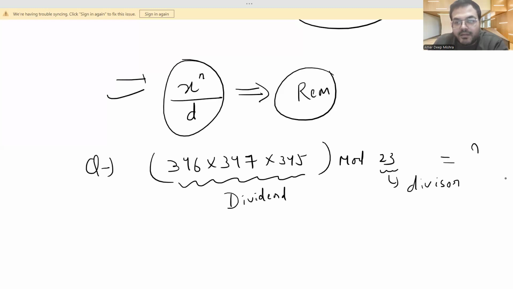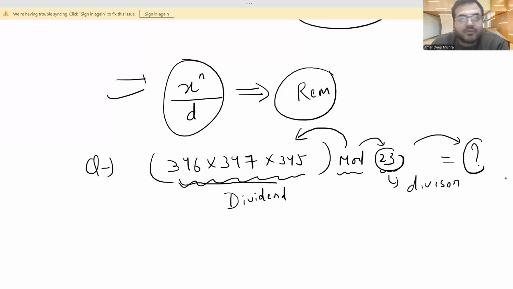And the question mark means they are asking you to find the value of the remainder. So please be very, very clear with this word mod. Mod means you have to find the value of the remainder. The expression right before the mod is the dividend, what comes after the mod is the divisor, and the question mark means they are asking you to find the remainder.